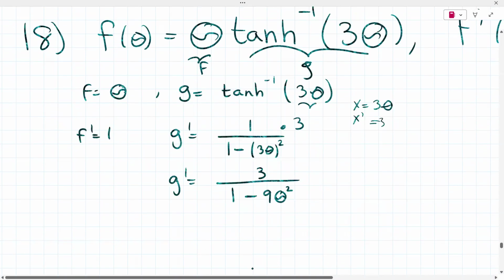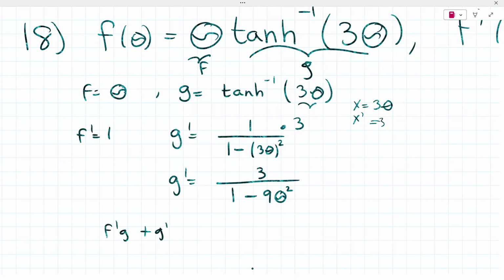Okay, so now you may continue with the product rule. The product rule is f prime times g plus g prime times f.